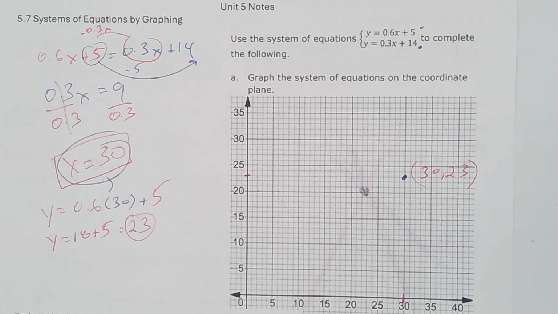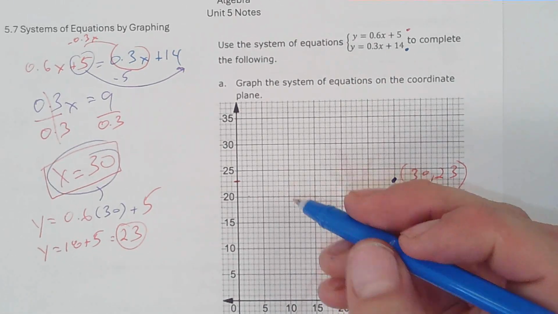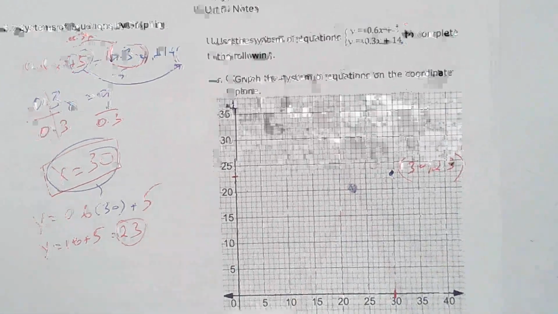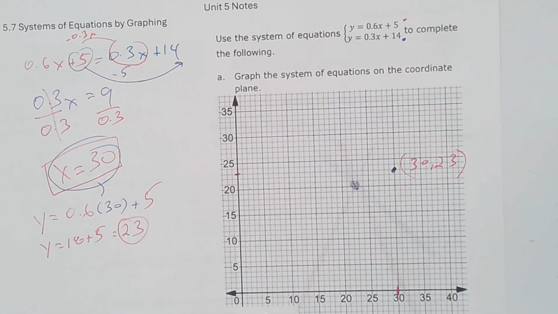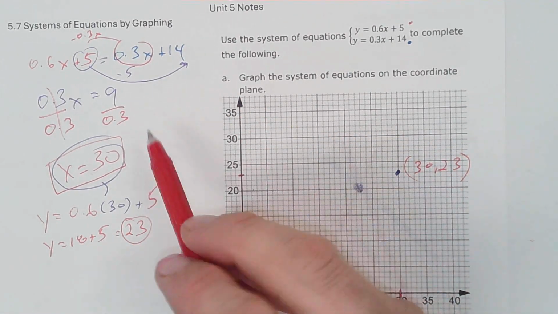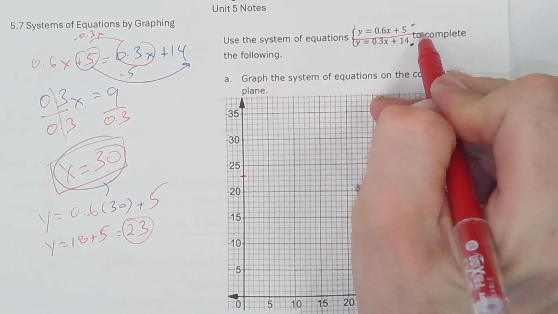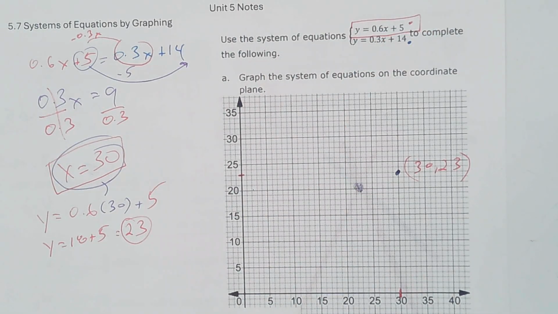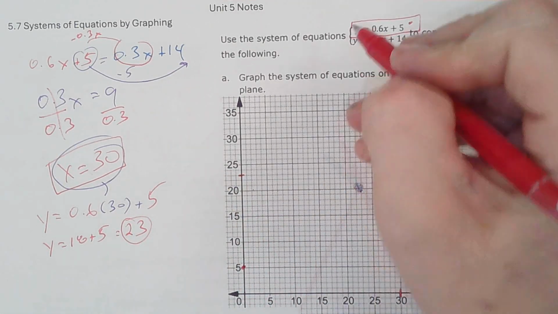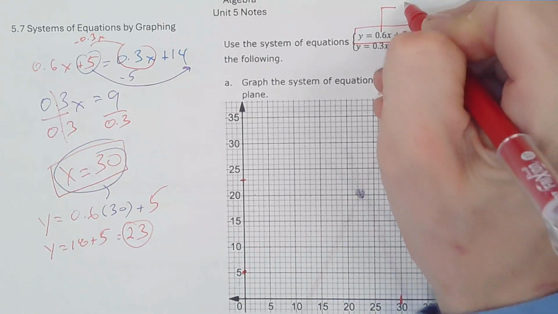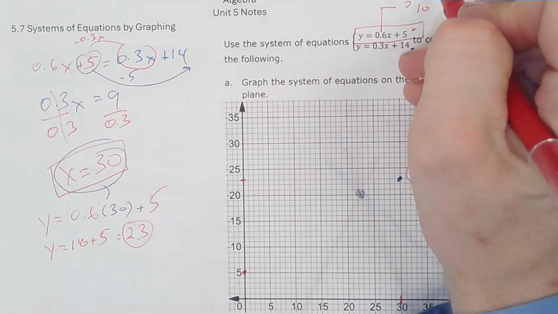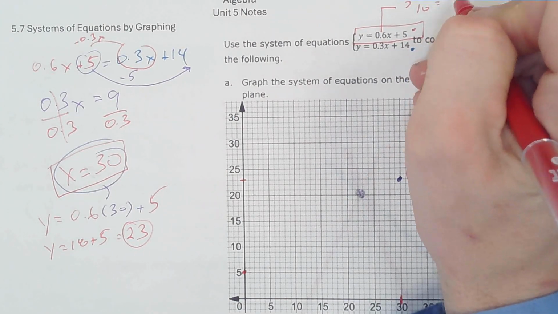How do I identify where the red line crosses the y-axis? Where does this red line equation cross the y-axis? Positive 5. This crosses at positive 5. And what is the slope? 0.6 is 6/10, which can be reduced to 3/5.